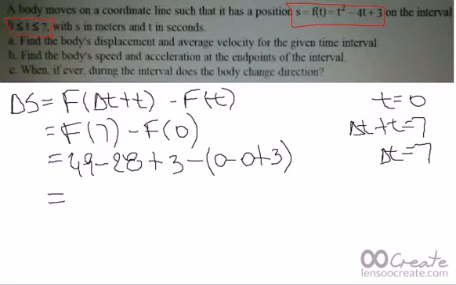So then this will equal 24 minus 3, and this will equal 21. So here we have our displacement, and this is in meters.